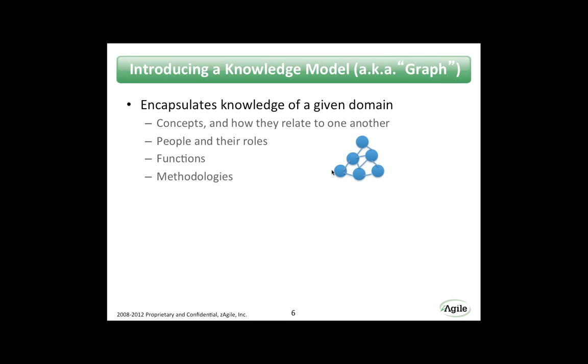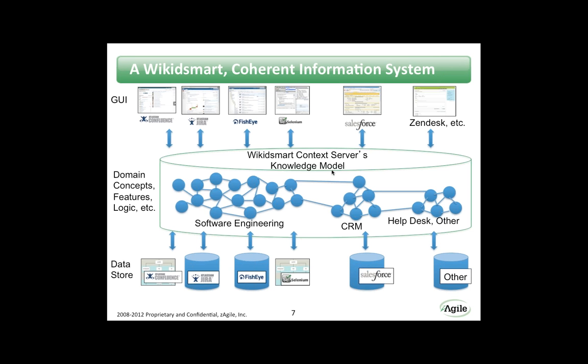We're not meaning to impose a methodology. Rather, you are free to choose your methodology and ensure that it's followed within your organization. Examples of these domains encapsulated within this knowledge model include today software engineering, CRM, and help desk. Of course, you can extend that model to include other domains as well.